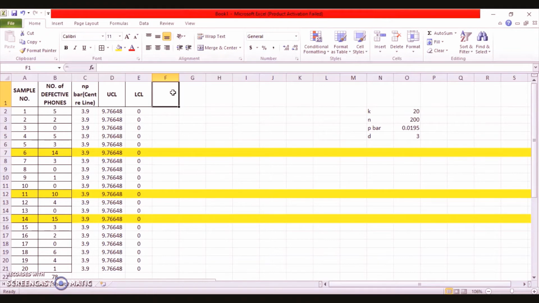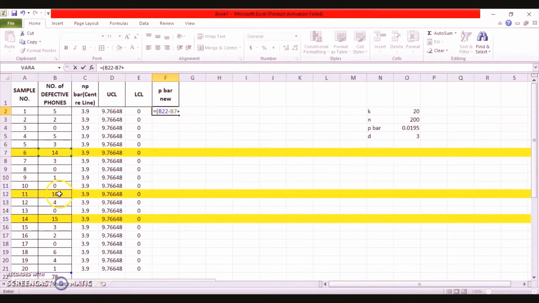For finding the p bar new value, we first need the total number of defective samples minus the number of discarded or out of proportion samples, their sum.